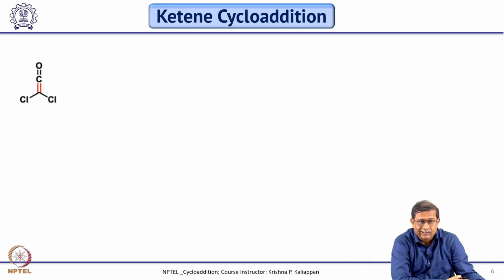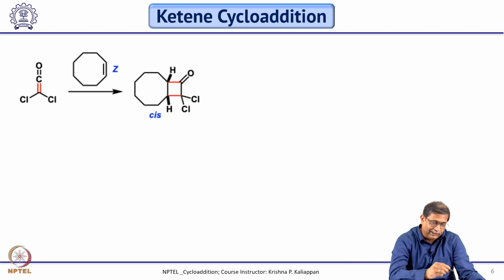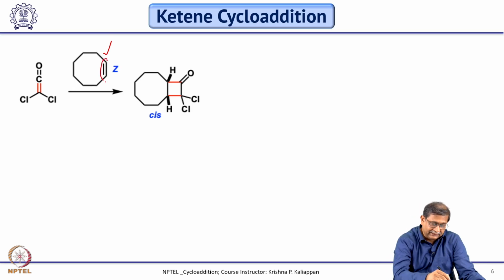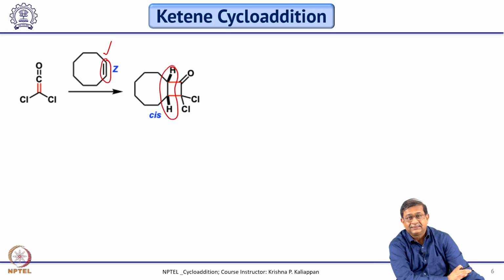So for example, this dichloroketene, which can be generated by two different methods, upon treatment with cyclooctene, gives a bicyclic compound. When the alkene is Z, what they have seen is a cis fused ring system.